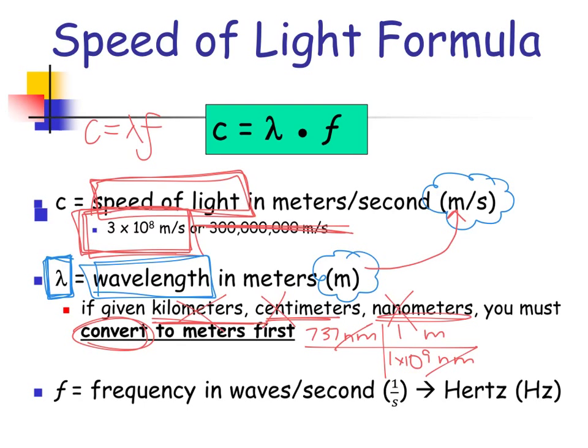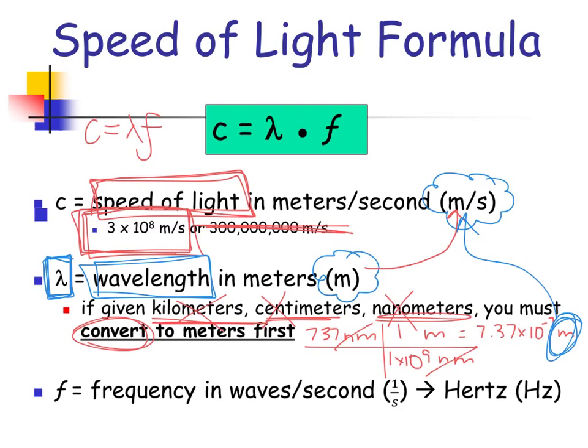Nanos cancels out. Now you've got meters, which would be 7.37 times 10 to the negative 7th meters. Don't worry, I'll do other examples slower. Just wanted you to see if I give you something other than meters, you're going to have to do one quick train track, change it, then my meters match my speed of light. And so I can proceed with my problem.